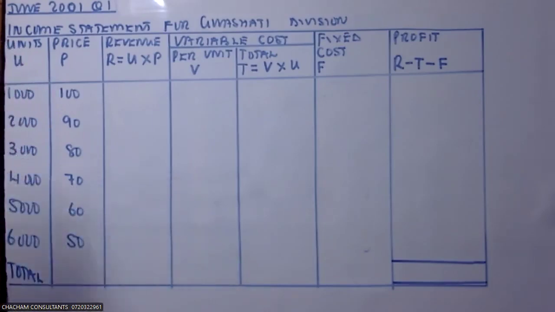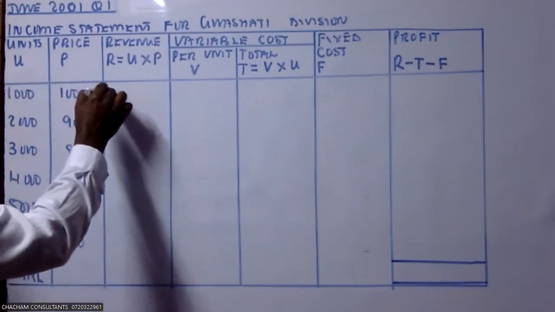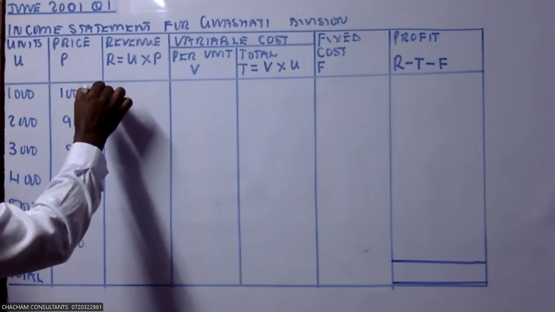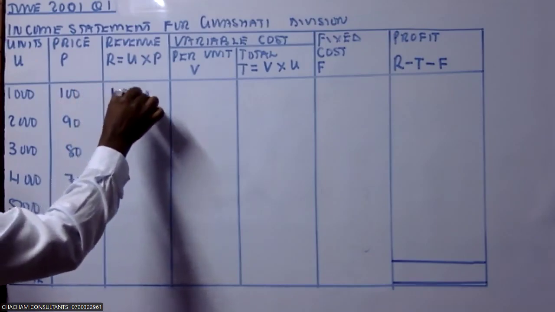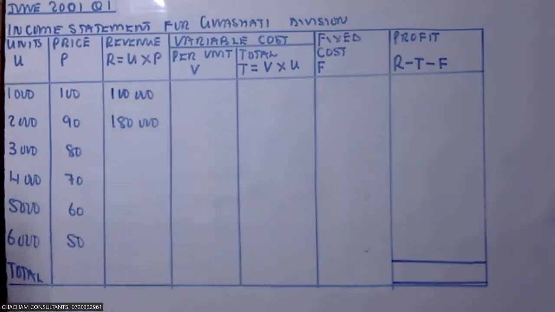So those are the prices that are given there. So ikikuja kwa revenue, it will be this times this. So that now here you have 100,000. Here you will have 180,000 and so on.